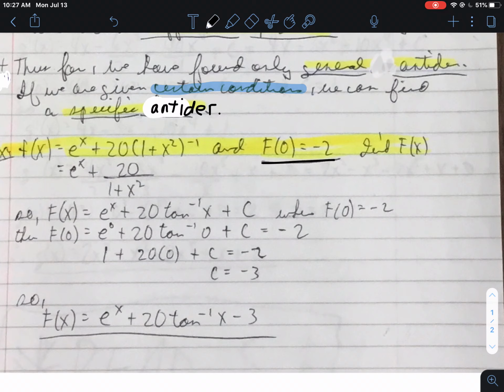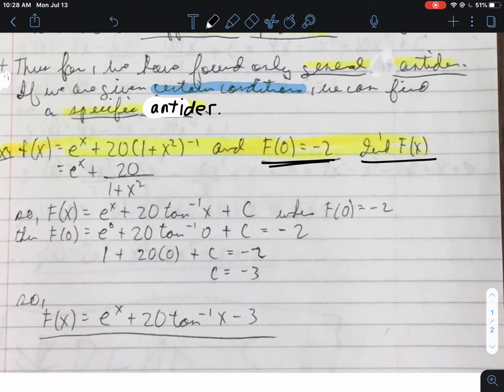So notice I'm given information about the antiderivative. That's what I was saying about given certain conditions. Find our antiderivative cap f of x, and in this case, since I know something specific about cap f, we should be able to find the specific antiderivative. First thing we do is go through our general antiderivative process, same as before.